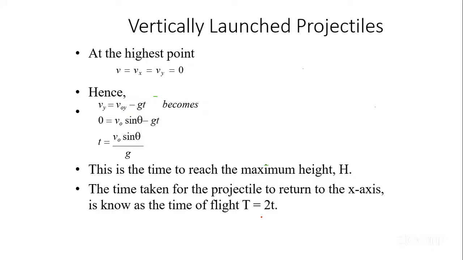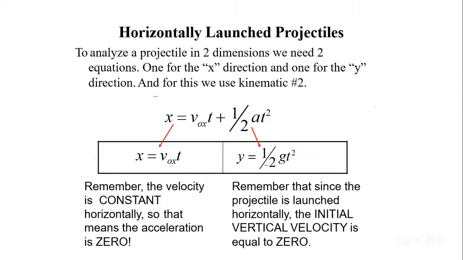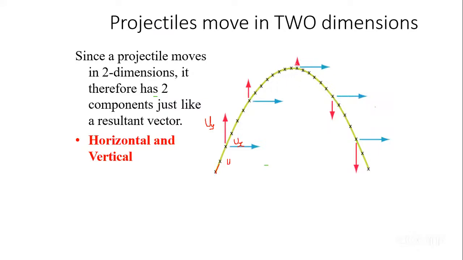Now, at the highest point, that is at this height, the maximum height, when an object is thrown with an initial velocity, the final velocity is equal to 0.